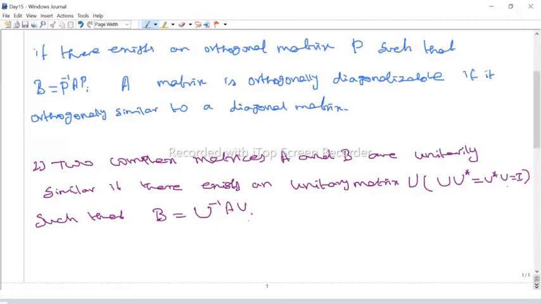If B equals U inverse A U for some unitary matrix U, then we say A and B are unitarily similar. A matrix is said to be unitarily diagonalizable if A is unitarily similar to a diagonal matrix.